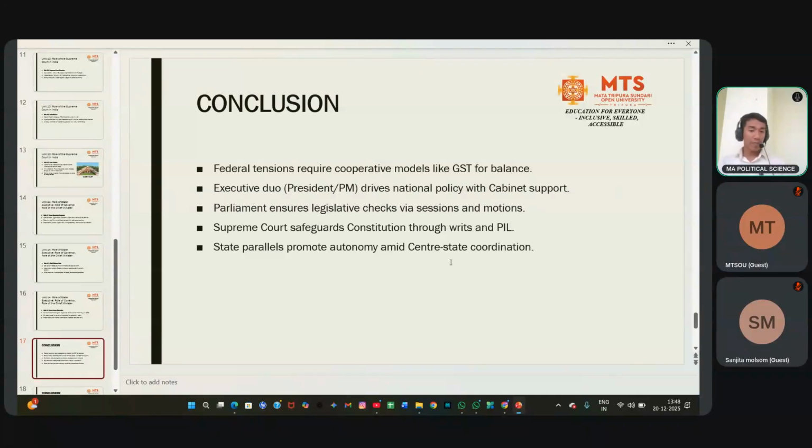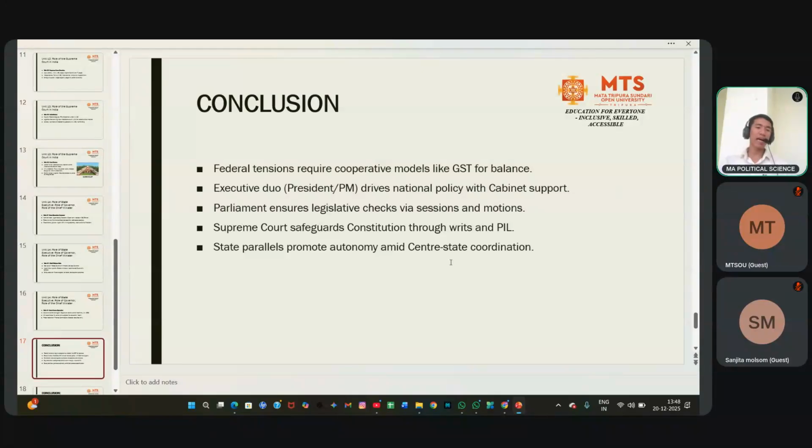So the role of the parliament is also to check whether the government is acting in a wrong direction. Who checks the government? The parliament, by questioning the government. Why did you do this? Why did you not do that?